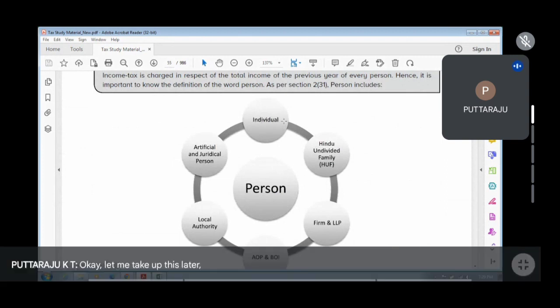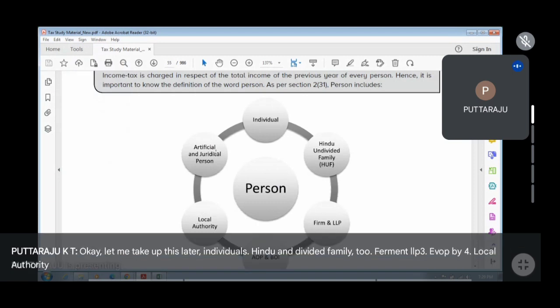Individuals 1, Hindu Undivided Family 2, Firm and LLP 3, AOP and BOI 4, Local Authority 5, Artificial Juridical Person 6. Where is the company?